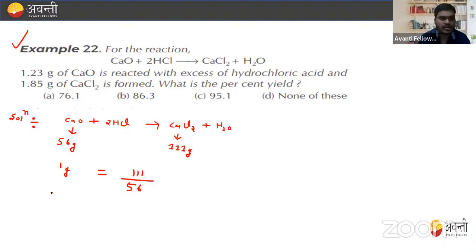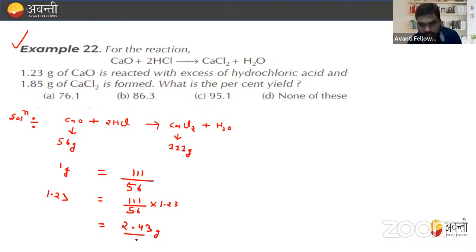In this question they want 1.23 gram, so 1.23 gram of calcium oxide will produce 111 by 56 multiplied by 1.23. It comes out to be 2.43 gram.